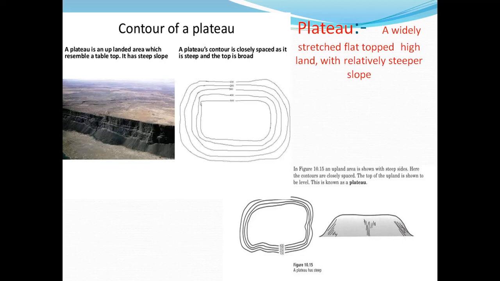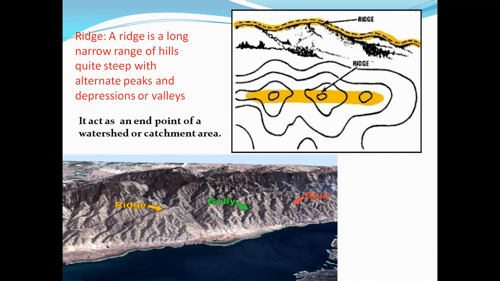Now let us look into a ridge. A ridge is a long narrow range of hill, quite steep, with alternate peaks and depressions, or a valley. They usually separate river valleys. The contours of a ridge are long and narrow, or elliptical in shape.